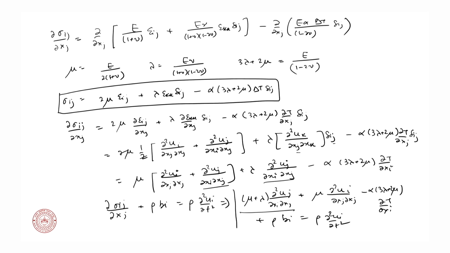Again, please go back to the lectures and see what index notation was. Then the second term is just based upon μ. Third term is where our temperature dependence is coming. Then we have our body force term, and finally we have our acceleration term. So, we can see that this expression finally is our final expression for our solid mechanics model.